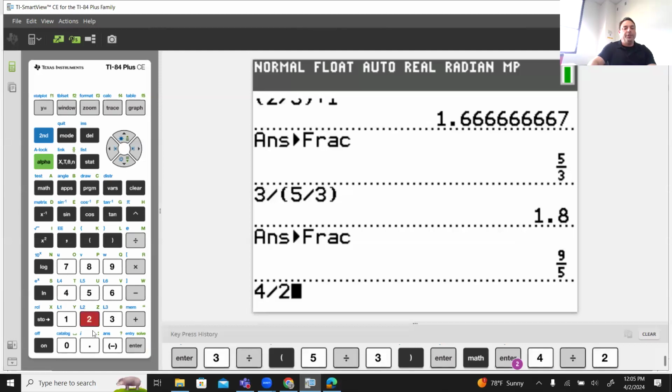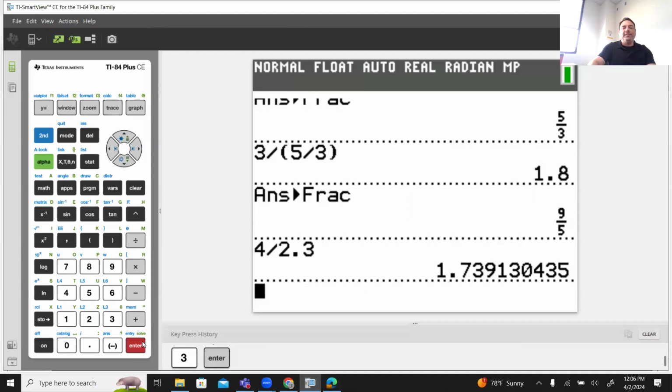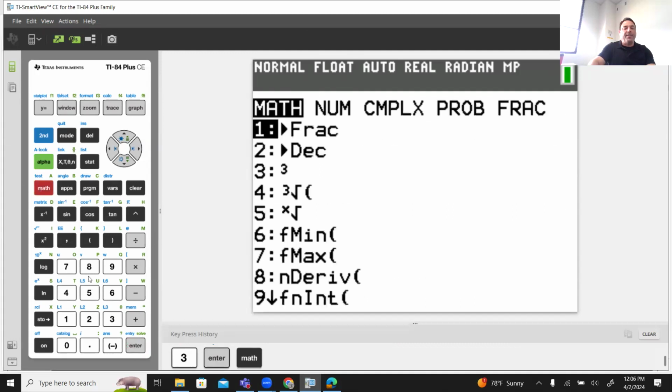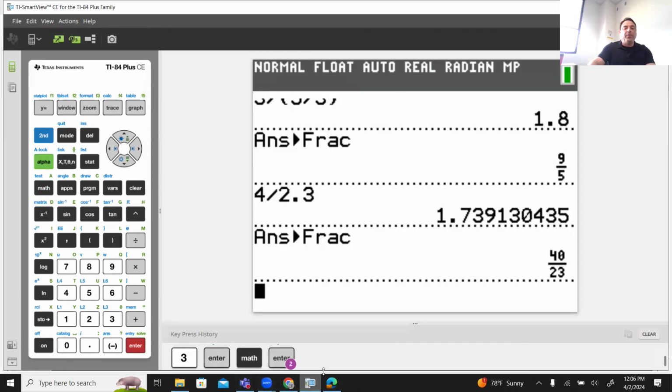4 divided by 2/3 gives you 1.739. But if I go to math fraction, I can say 40 over 23.